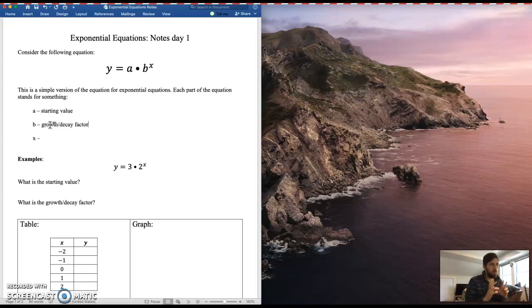I'll explain more later as to what the growth and decay mean, but this is going to be either a growth or decay factor. And then x is the exponent, and this is what you are going to input. So that's where you're going to be plugging stuff in.